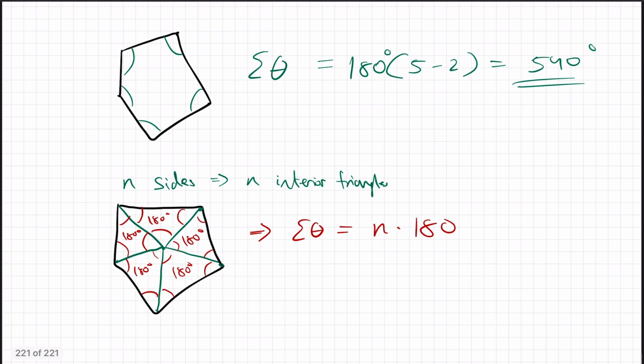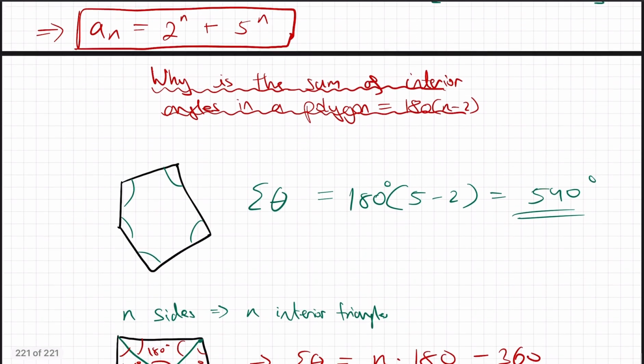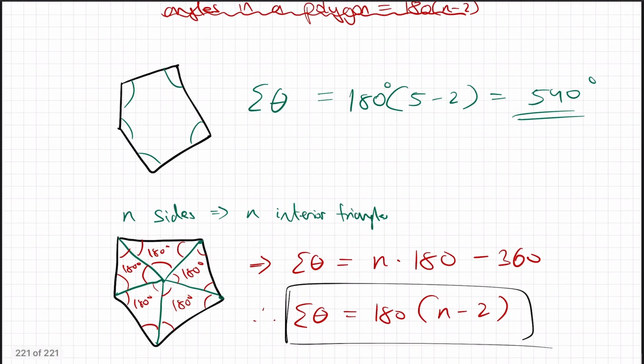If we just want the interior angles of the polygon, we need to subtract the center angles. Luckily for us, these always form a perfect circle, so the sum of the angles here is always 360. Then you can just factor out the 180, and you'll get n minus 2. And that's why the sum of interior angles is always 180 times n minus 2. It's a pretty easy proof, actually.